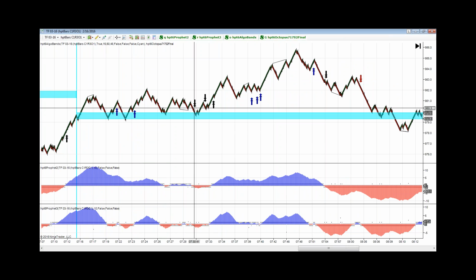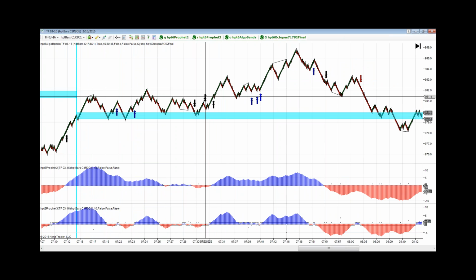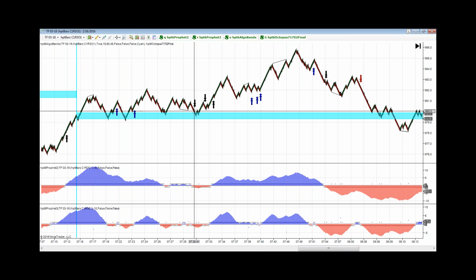Okay, so no short trade here, but then a nice long trade here. Because what you do, once we enter here, if you can't take this arrow trade because you're not closing, then you're going to take the opposite one, which is right here.